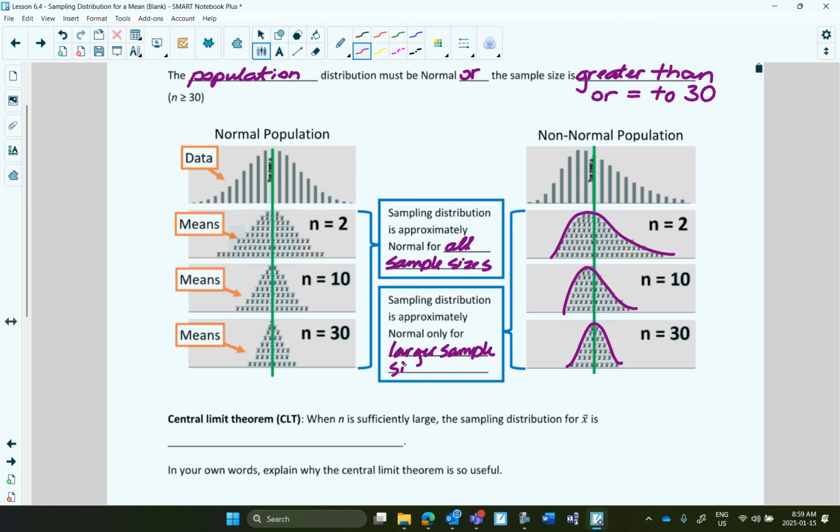That seems to be the mark. Is it greater than or equal to 30 for this specific experiment or for any populations? Any mean question. Yes. And any population size, yes.